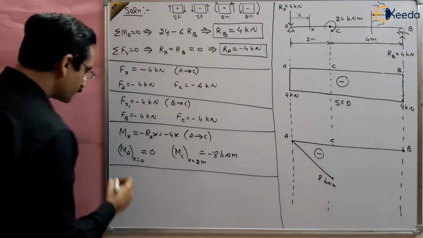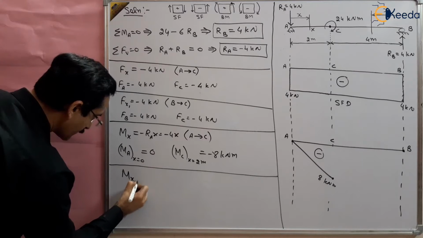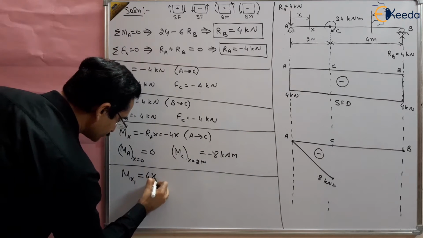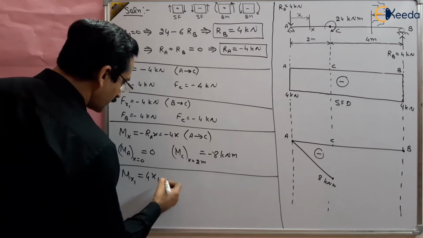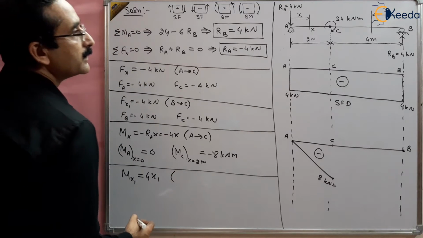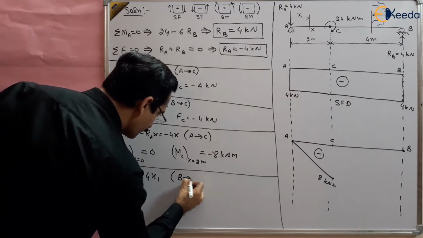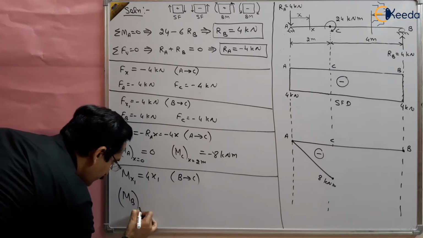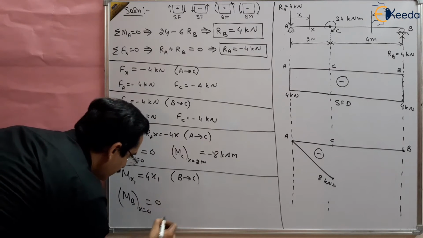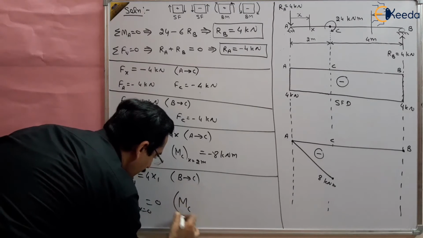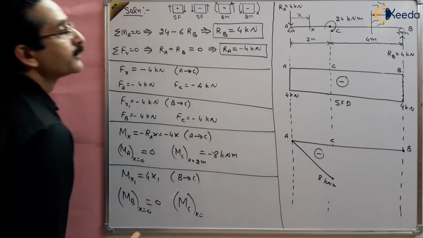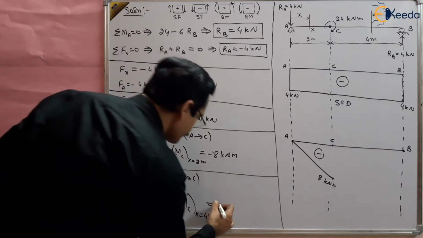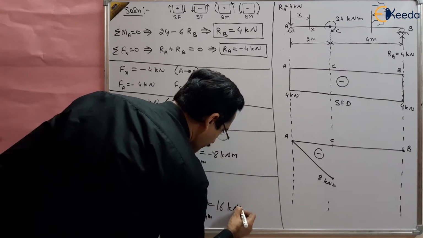right? So Mx1 will be equal to the moment of RB about x1. So this will be 4x1, valid between B to C. So MB, at x1 equal to 0, will come out to be 0, and MC at x1 equal to 4 meters will come out to be 16 kilonewton meter.